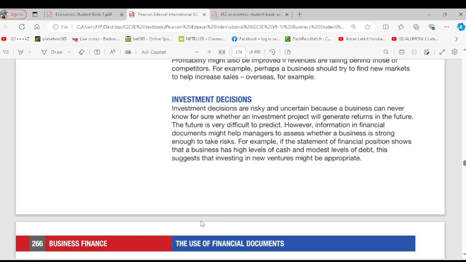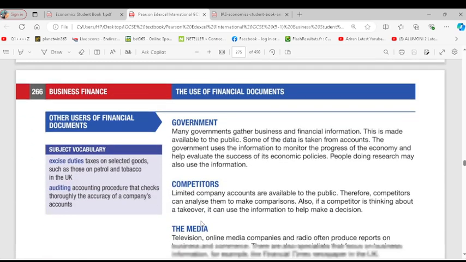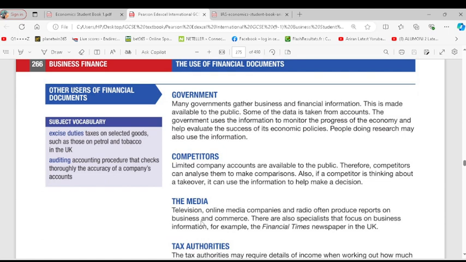That is about investment decisions. If the business has the financial capability to invest for the future, they will, through having access to financial information and being able to assess it. They can make decisions about taking the risk or not.